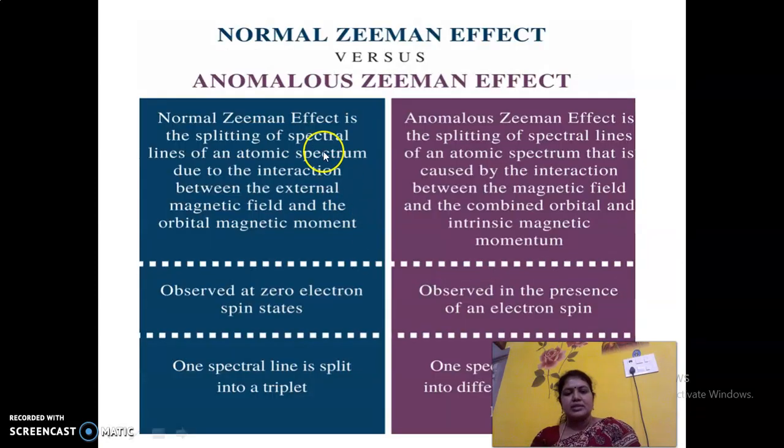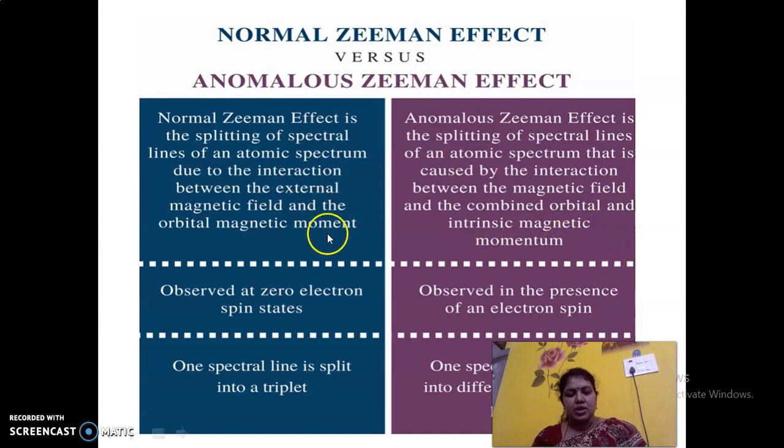Thus, now you can clearly distinguish normal and anomalous Zeeman effect, as the normal Zeeman effect being the splitting of spectral lines of an atomic spectrum due to the interaction between the external magnetic field and the orbital magnetic moment. Anomalous Zeeman effect happens because of the interaction between the magnetic field and the combined orbital as well as intrinsic magnetic moment due to the spin of the electrons.